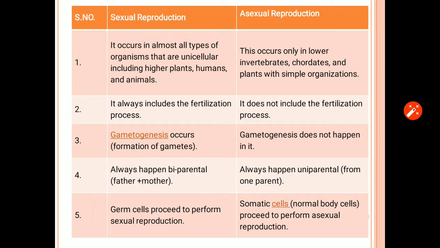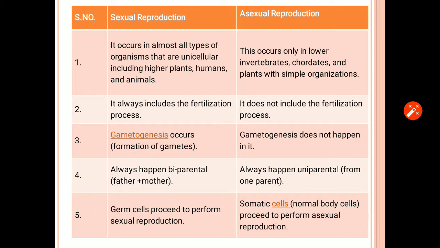Sexual reproduction takes place in almost all types of organisms, including the higher plants, humans, and animals. While asexual reproduction occurs only in lower invertebrates, chordates, and plants with simple organizations.